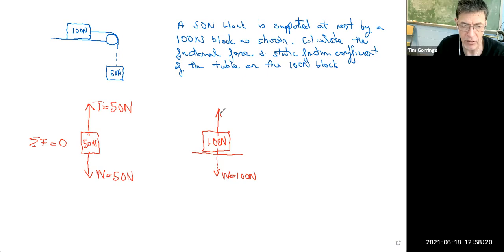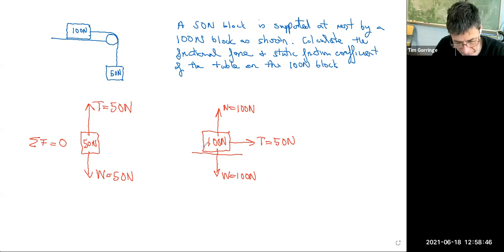That's the force that the table exerts to support the weight. So that normal force must be equal and opposite to the weight. For the horizontal tabletop, it's 100 newtons. And then horizontally, there's a tension force because it's attached to the string that the 50 Newton block is hanging from. That tension force, we've already figured it out, is 50 newtons.